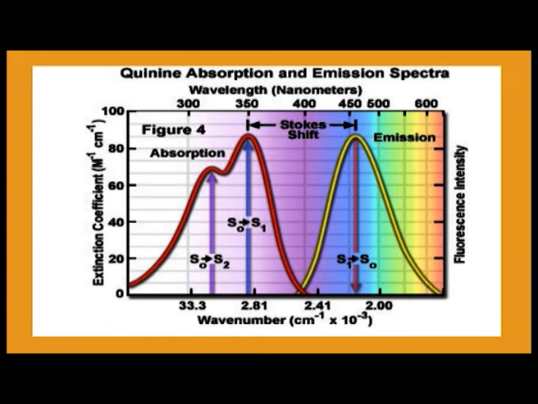So, a fluorescence spectra contains two types of process, one is the excitation process and the other is the emission process. You can see the diagram on the screen. Just as we discussed, the energy of the absorbed radiation is higher compared to the energy of the emitted radiation, which means the wavelength of absorbed radiation is lower and the wavelength of emitted radiation is higher.